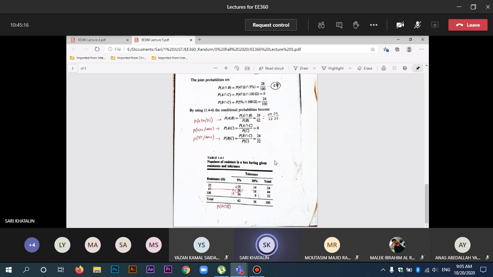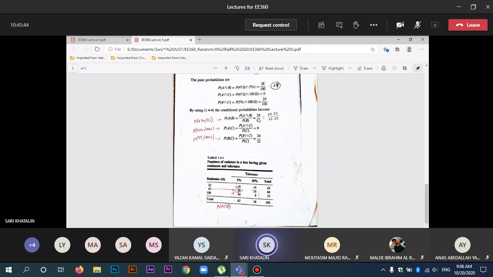Okay, and the third one, B and C. B and C, same as the first one, B and C will be 24 right here, because B talks about 5% tolerance and C is 100 ohms, so they meet here at 24.